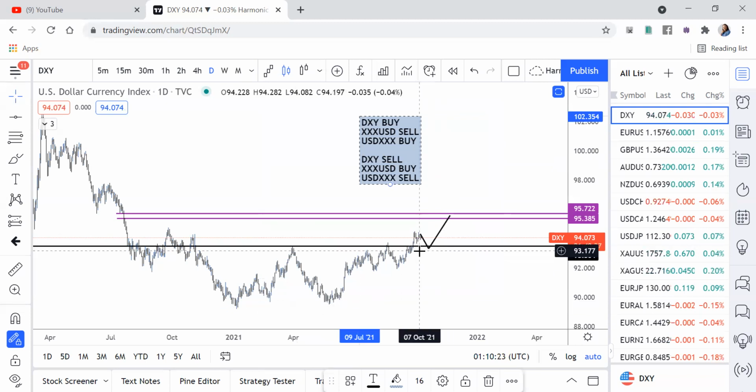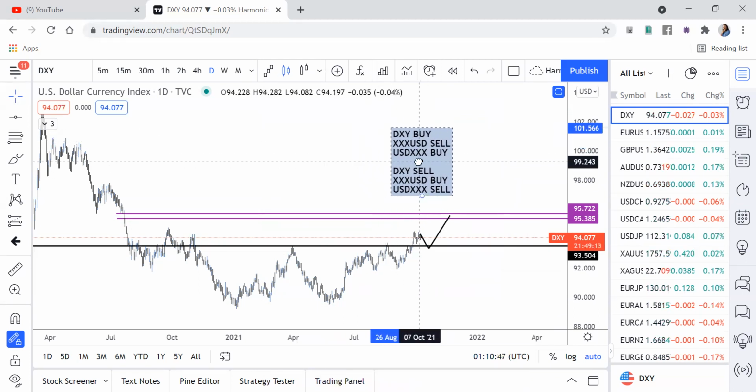So if I'm looking for long-term buys on the DXY, which is up here, I'm looking for EU, GU, AU, NU to continue to sell, and USD XXX, UJ, UCAD, USHEF to continue to buy. This is what we're looking at here.